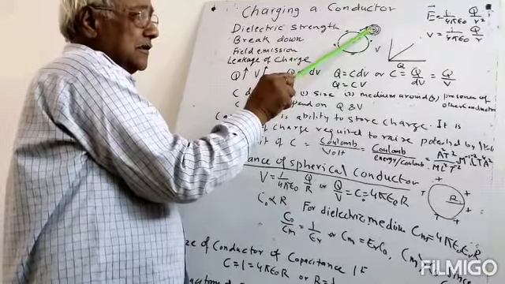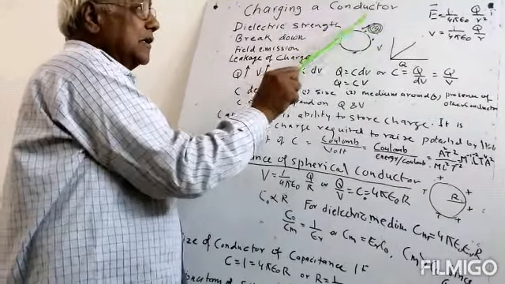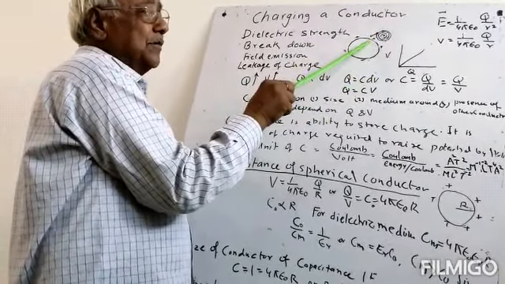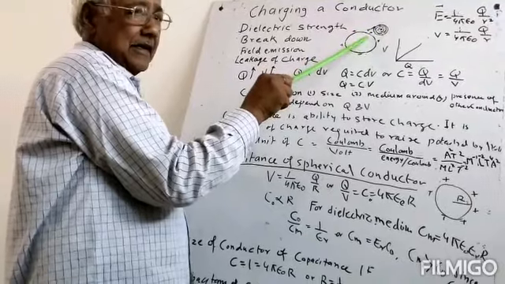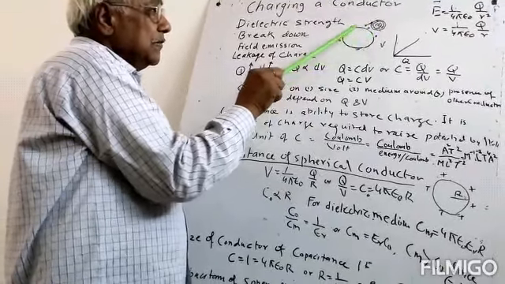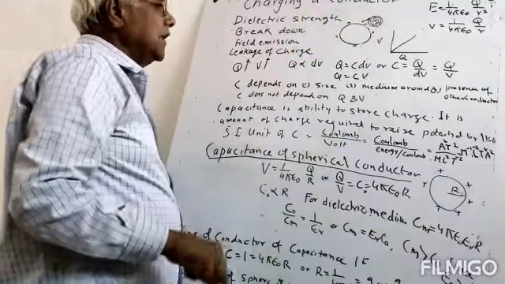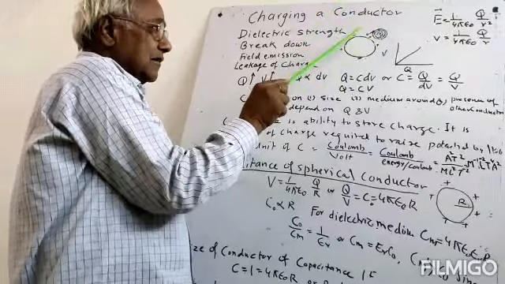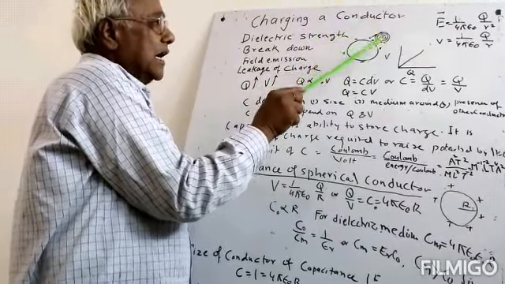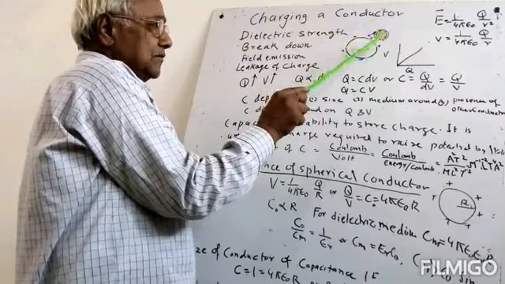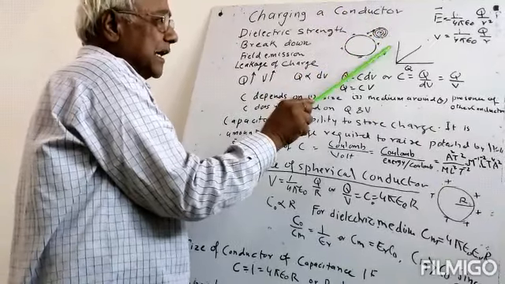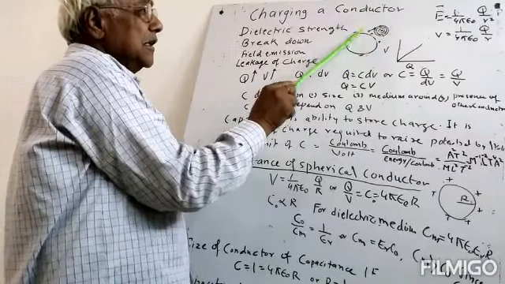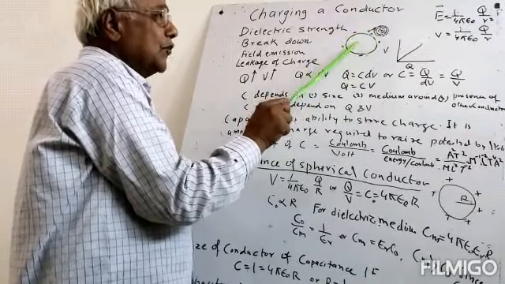This accelerated electron will also ionize other atoms, and when it reaches the conductor, then its charge will be decreasing. So there is a maximum limit of the electrical field which we can provide to the conductor, so that the dielectric medium withstands. It means no ionization takes place. It means there is no leakage of charge from the conductor.